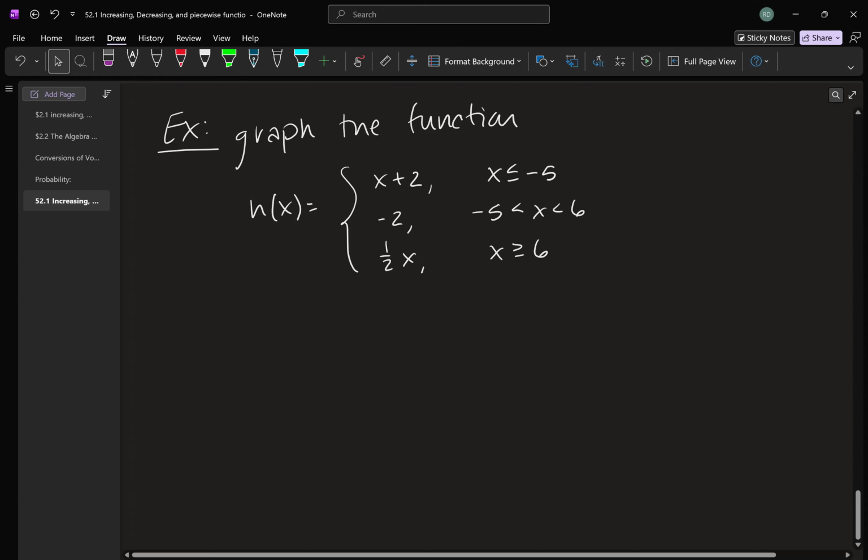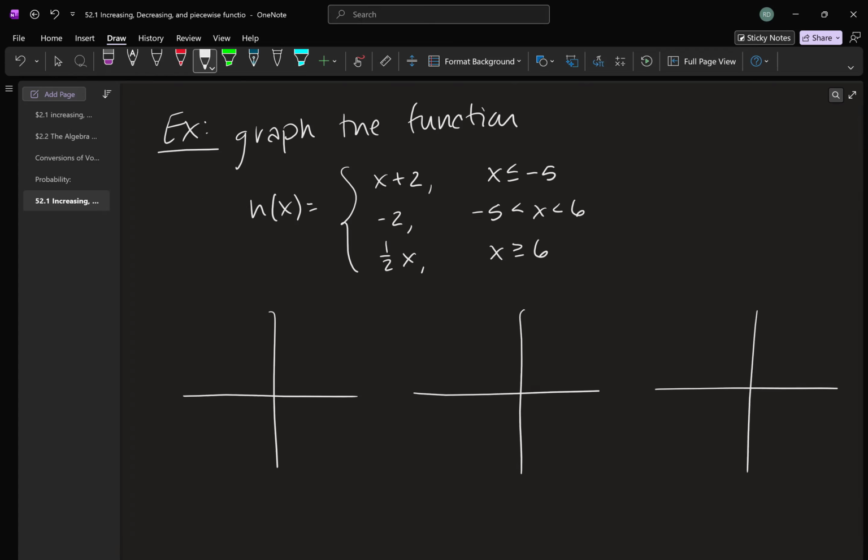Again, I'm going to graph all 3 pieces separately. This one's y equals x plus 2, y equals -2, and y equals 1/2 x.